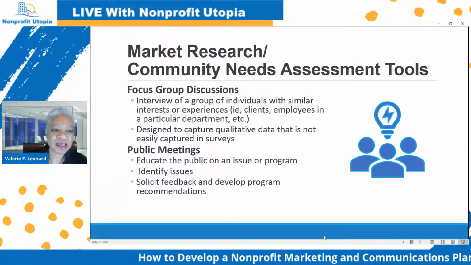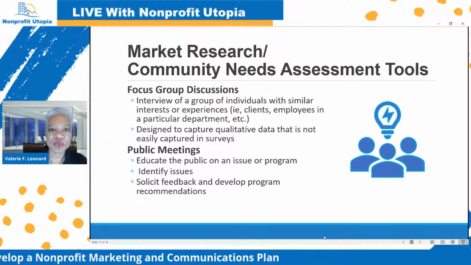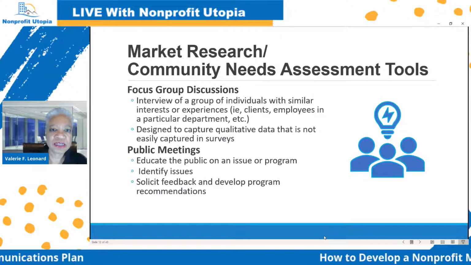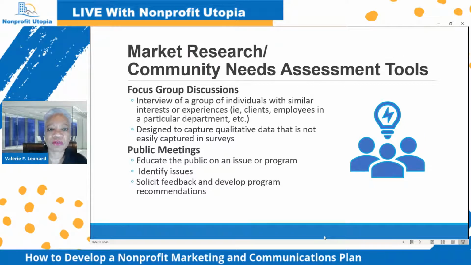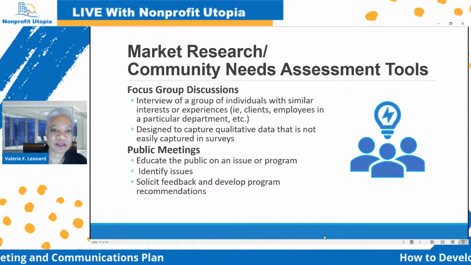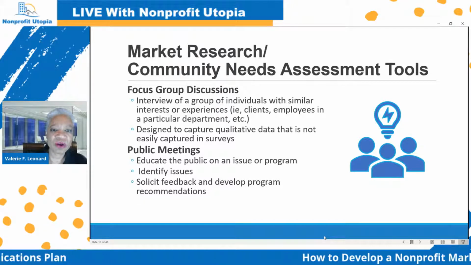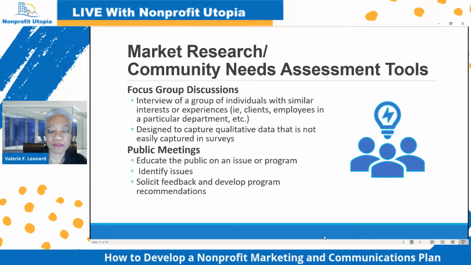And your focus group discussions, those are basically group interviews, and you want to get a group of similarly situated people when you do your focus groups. So these could be people that reflect a particular segment of your market. It could be a group of board members.